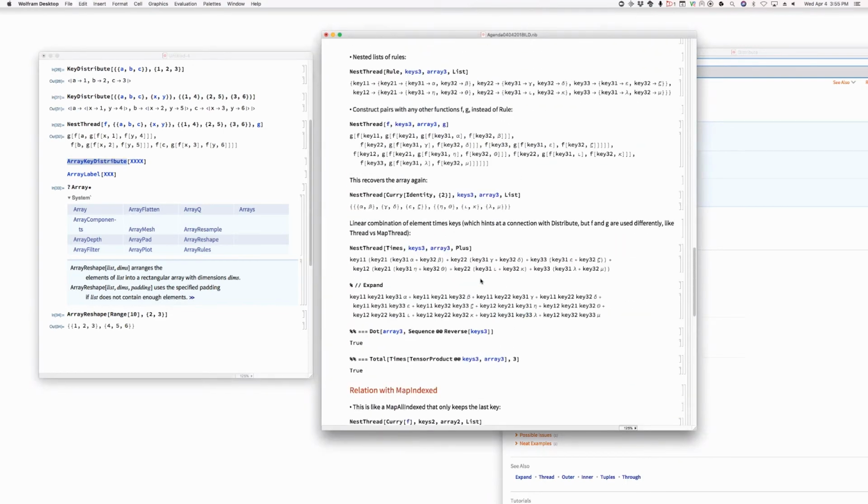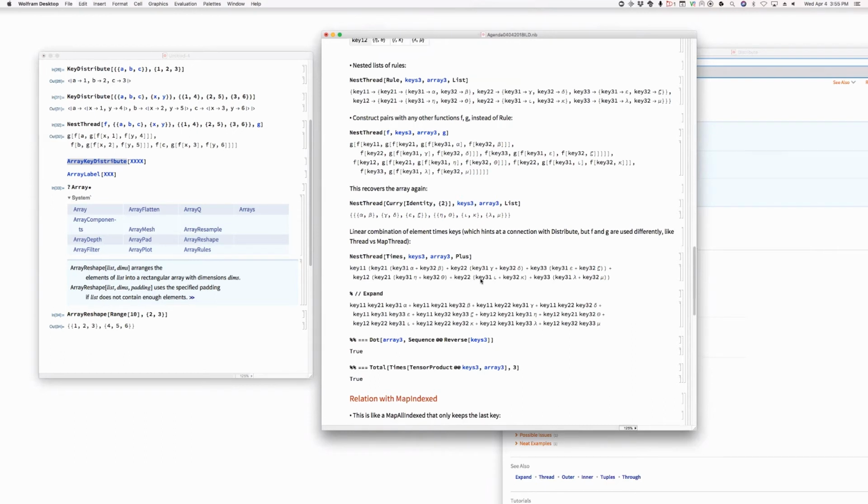Yes, so here you see this last example in which I'm replacing f and g by times and plus, and suddenly we have a linear combination. And so that's an operation that looks very much like distributing.